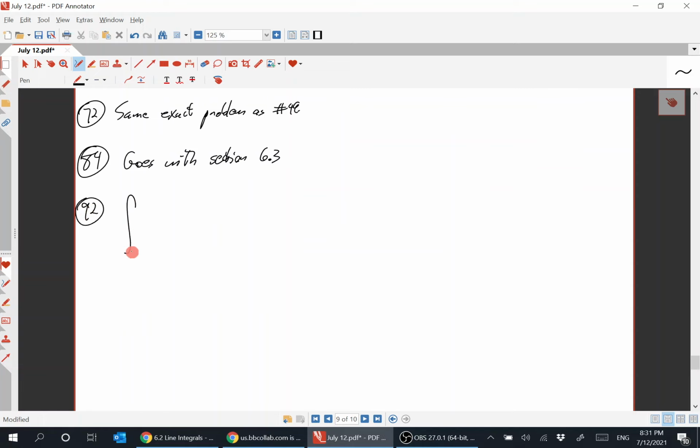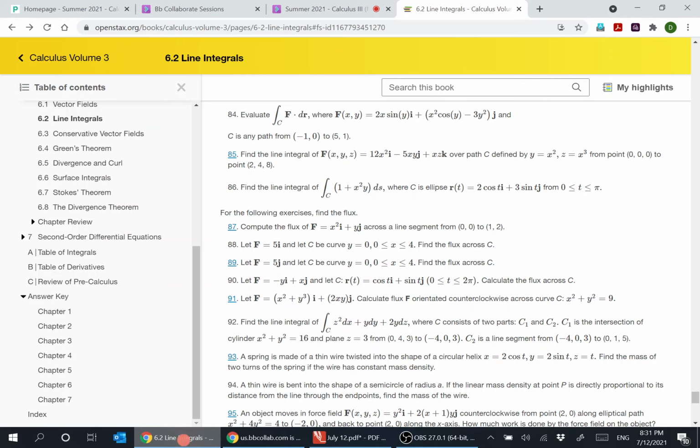We're calculating the line integral over C of z squared dx plus y dy plus 2y dz for C given by r of t equal to... oh right, yeah, so it's the intersection of the cylinder, so the circle of radius 4 at z equal to 3, and then the line segment from (4, 0, 3) to (-4, 0).